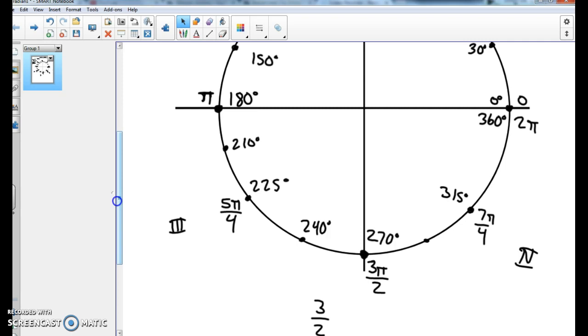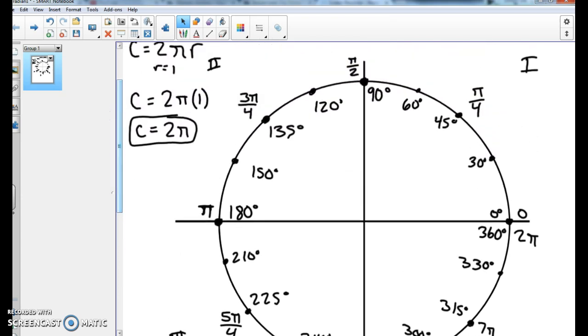And in quadrant 4, we had 300 and 330. Now we're going to match up the radian measures for each of those, and it's really not so bad. The key thing to all this is thinking about these degree measures. Think about them as fractions, if you will.